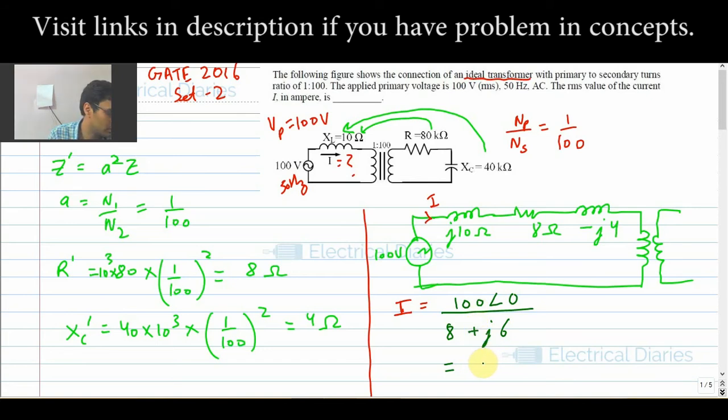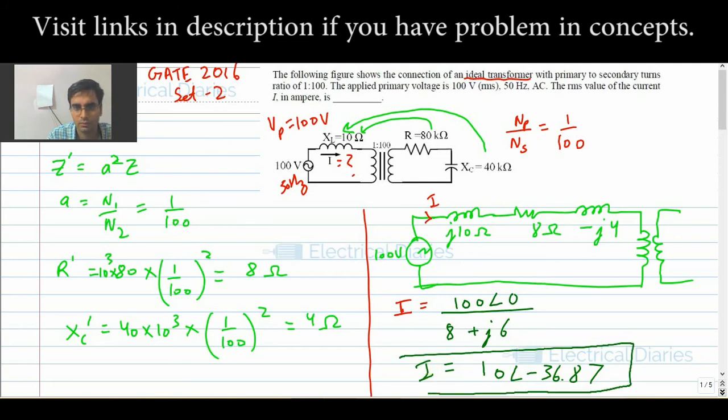On solving this, you will get the total current as 10 at an angle minus 36.87. So this will be your answer, the RMS value, 10 amperes. So this question is solved. Just a simple question.